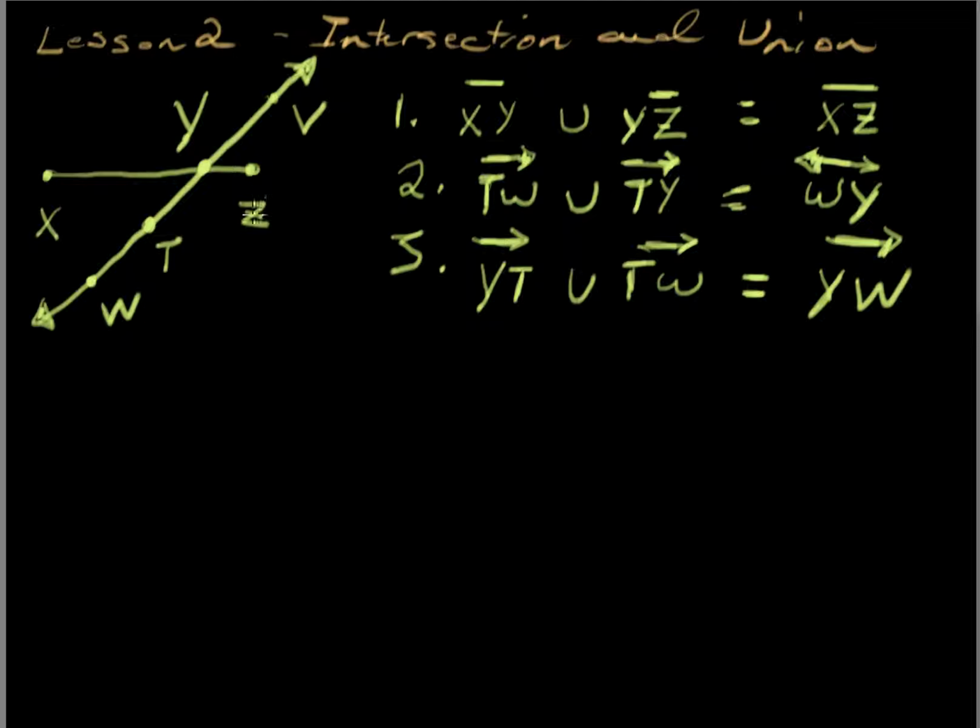It starts at Y, it goes out through W. The first piece, YT, already includes TW, because this one starts here and goes out to infinity. This one starts at T and goes out to infinity. So from here out to infinity already incorporates from T to infinity. So this is equal to ray YW.